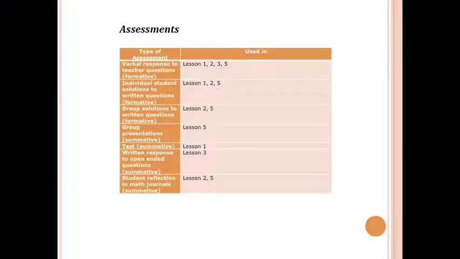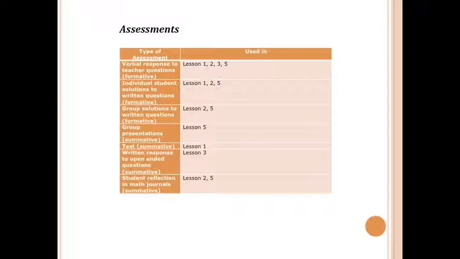There are different types of assessments for the unit, probability and analysis. We have 3 formative assessments: verbal response to teacher questions, individual student solutions to written questions, and you can see the lessons where those apply, and then group solutions to written questions.